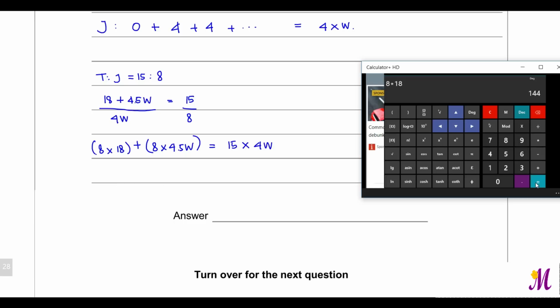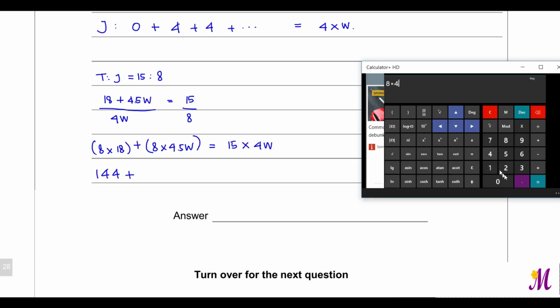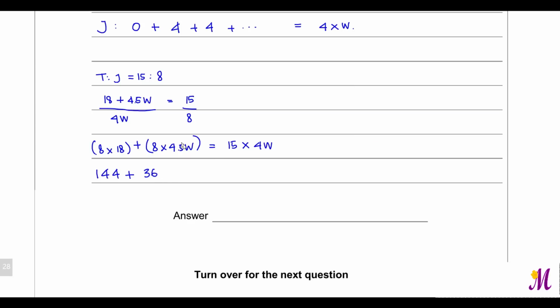8 times 18, we have 144. And we add 8 times 4.5, it is 36, and don't forget we have w here. And then 15 times 4, it's 60, so it's 60w. So we want to move this w term to the right hand side. So we have 144 on the left hand side, and then we have 60w on the right hand side, and we have minus 36w on the right hand side.